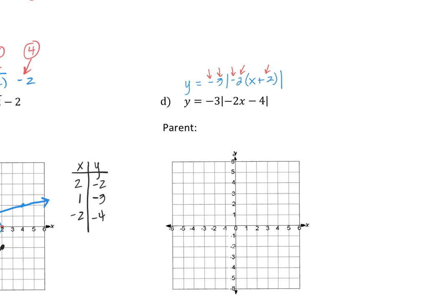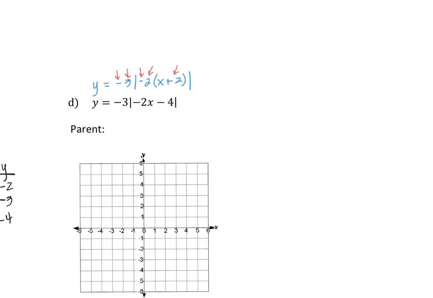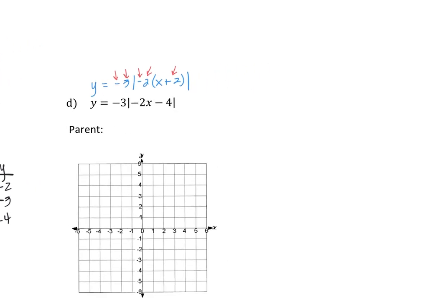And normally, if this was any other function, like maybe a square root function, I would be stuck. But think about what this says. Don't get stuck on autopilot. Off to the side, this is y equal to -3 absolute value. So notice that it's -2 times x plus 2. Whenever you have a product in the absolute values, you can split them up.